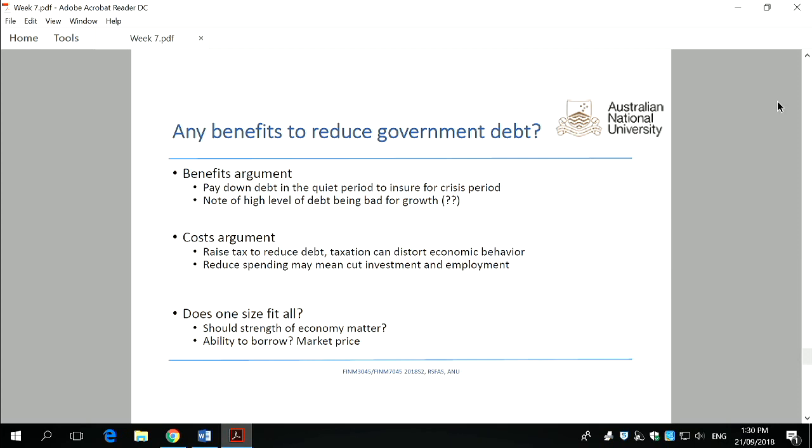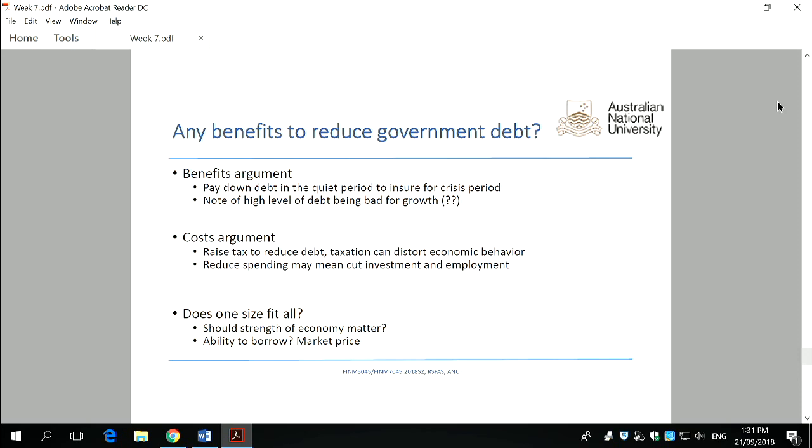Another way of reducing the debt is to reduce the spending, right? Reducing the spending might also reduce government investment, which might also be bad for the economy. So that's why there are many costs that could be associated with reducing the debt, right?